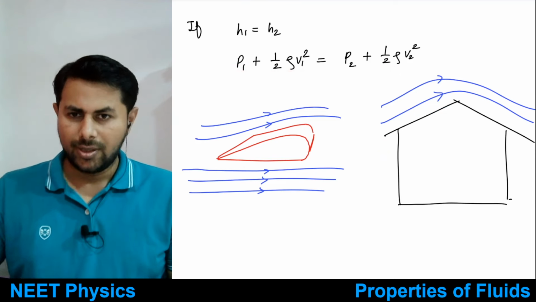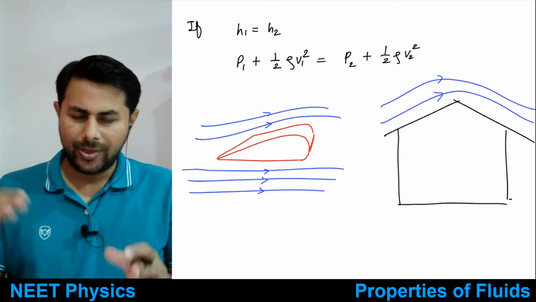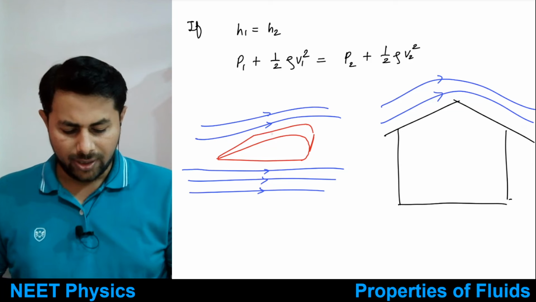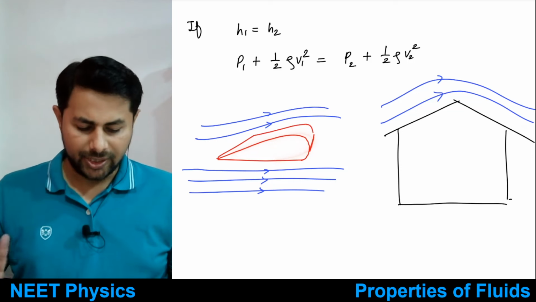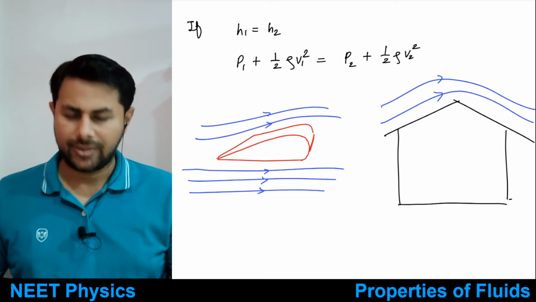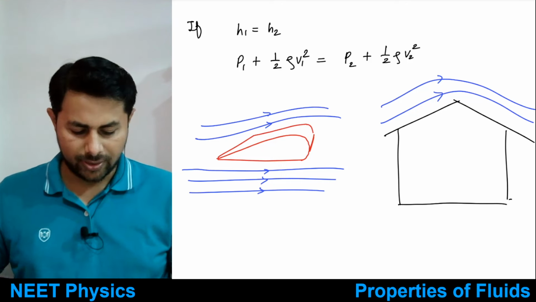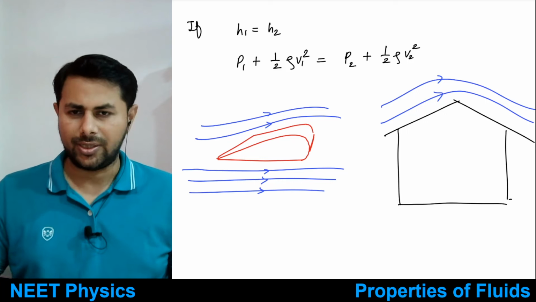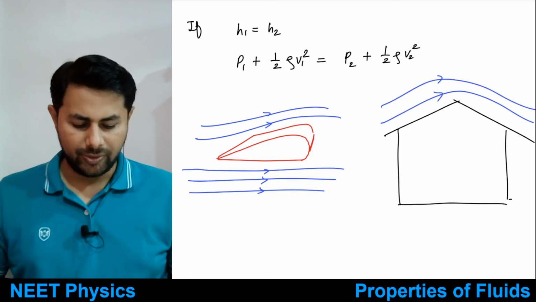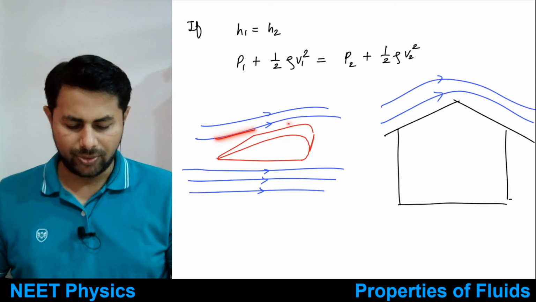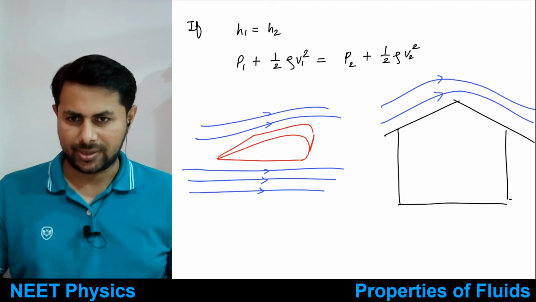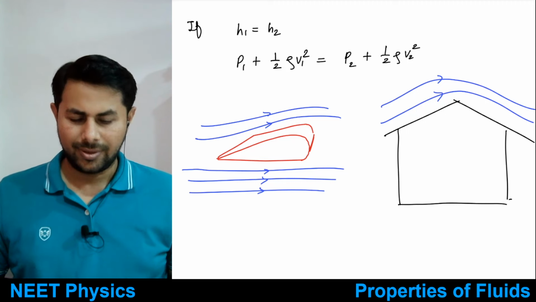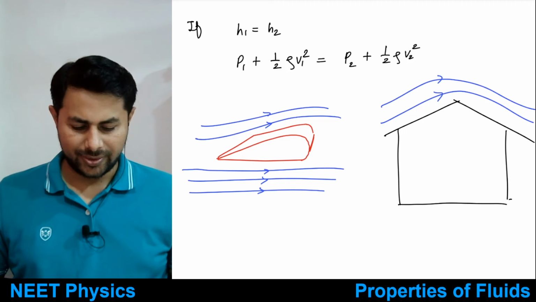Now when the aeroplane moves like this, the wing is designed in such a way that velocity on one side would be more compared to the other side. It will be easy for the air to flow on one side compared to the other. This thing is clear, right?